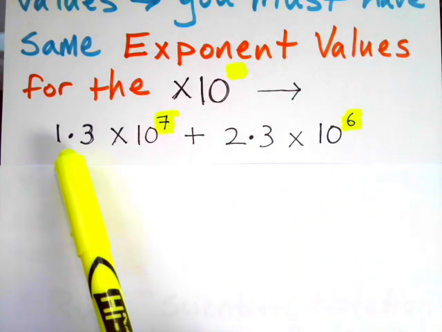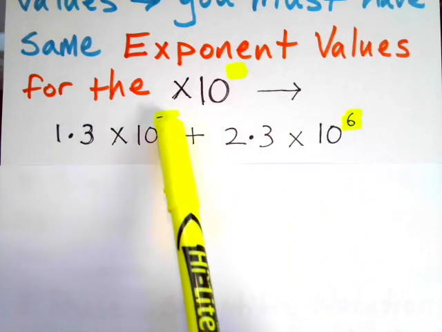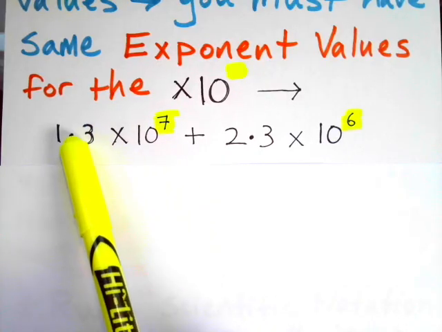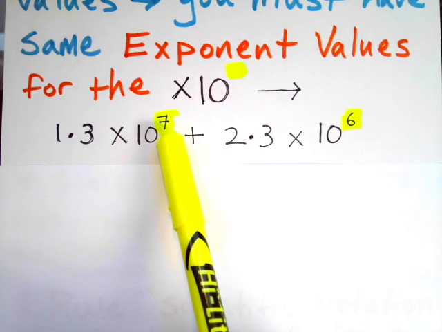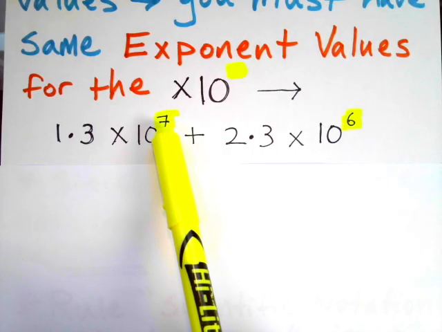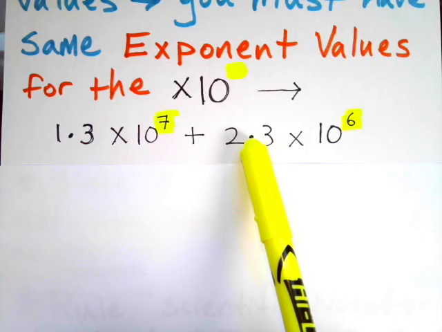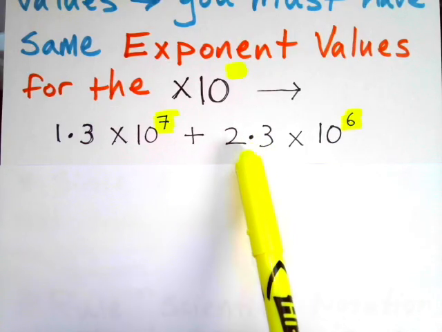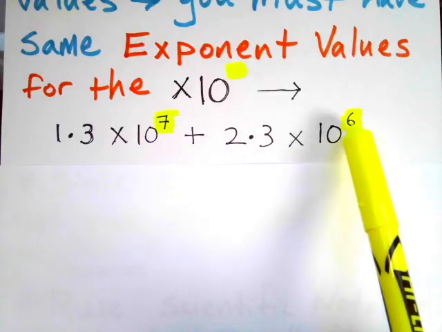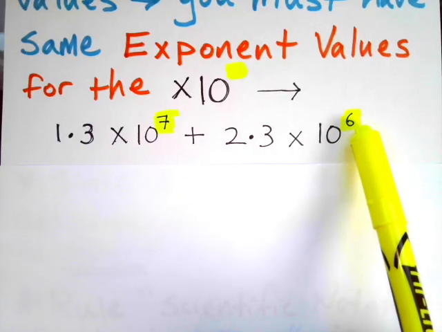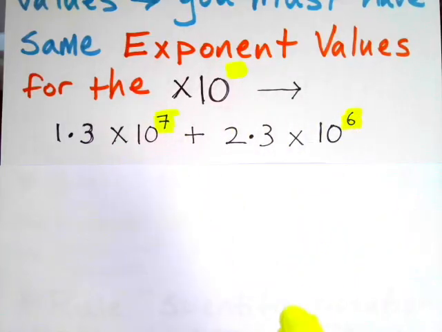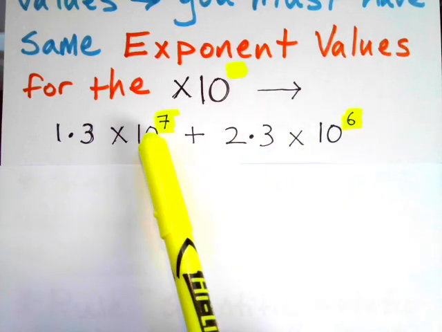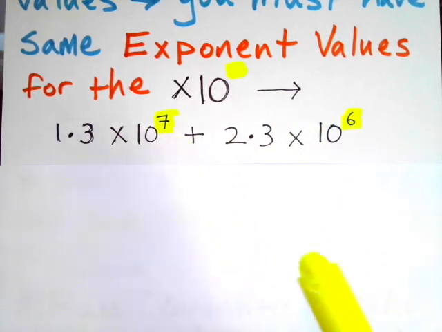So I could move the decimal for this first term to the right one, which would decrease my exponential value from 7 to 6. Or I could move the decimal here to the left one, which would increase my exponential power from 6 to a 7, and then they both would be the same.